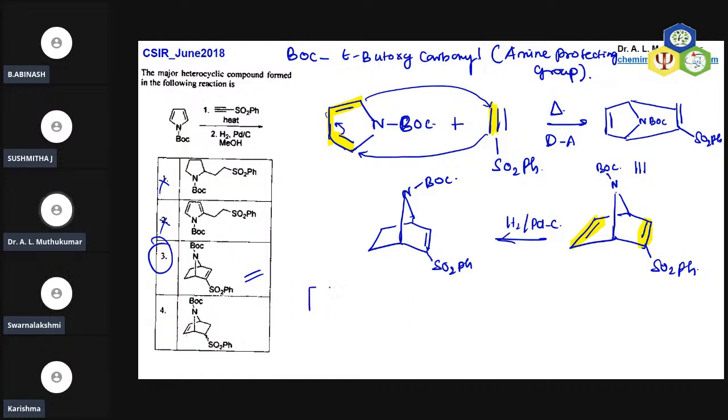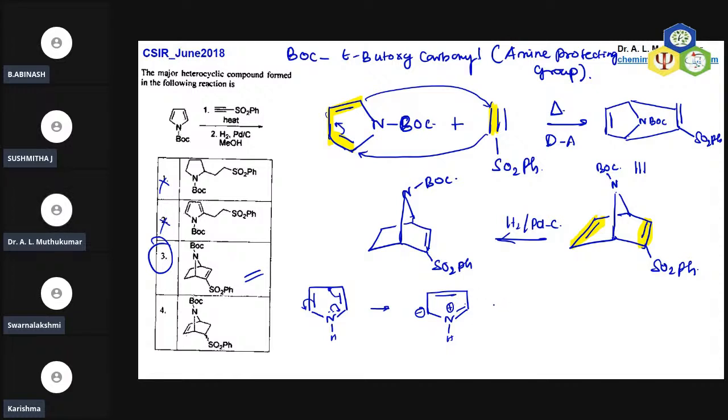I already explained this in the case of the Diels-Alder reaction of pyrrole. The nitrogen lone pair contributes more towards the aromatization of the pyrrole ring. When the nitrogen lone pair moves towards the double bond system, the position of the diene will be disturbed. So it is not a very good diene for Diels-Alder reaction.